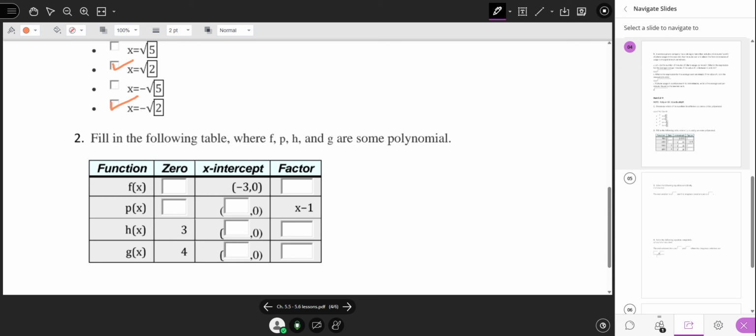Now, one more thing I need to explain is if I had put x plus the square root of 2, x minus the square root of 2, and x minus 5, notice it put that purple curve right above the black curve.